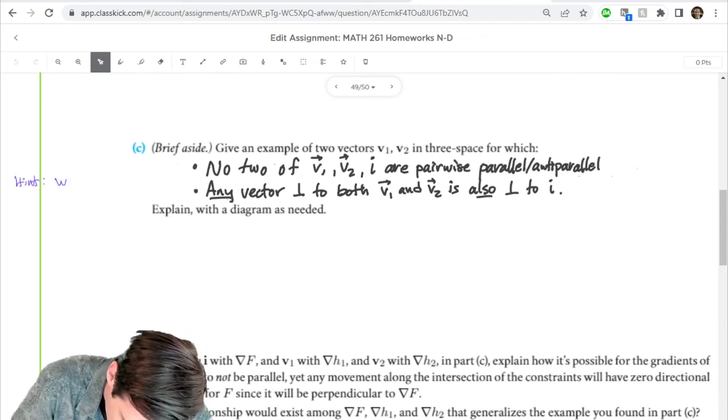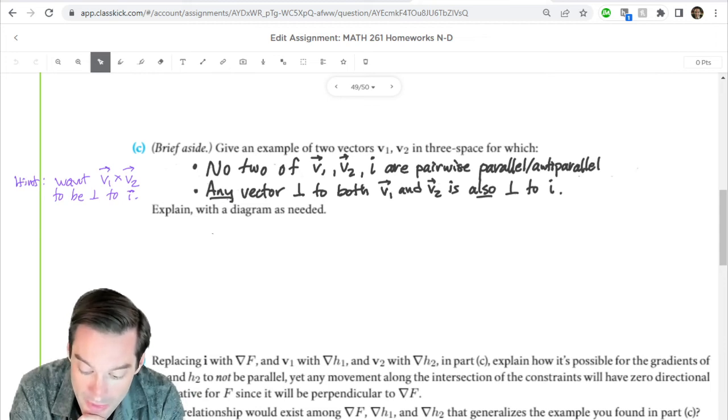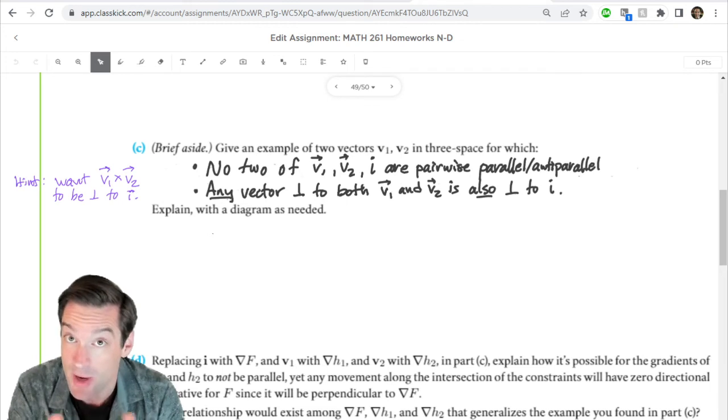We want v1 cross v2 to be perpendicular to i, the vector 1, 0, 0, right? It's also worth thinking about what the vectors are that are perpendicular to i.